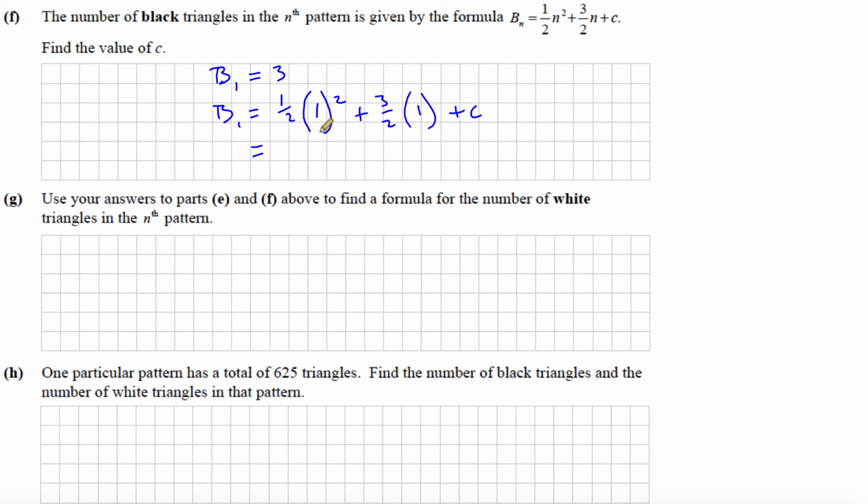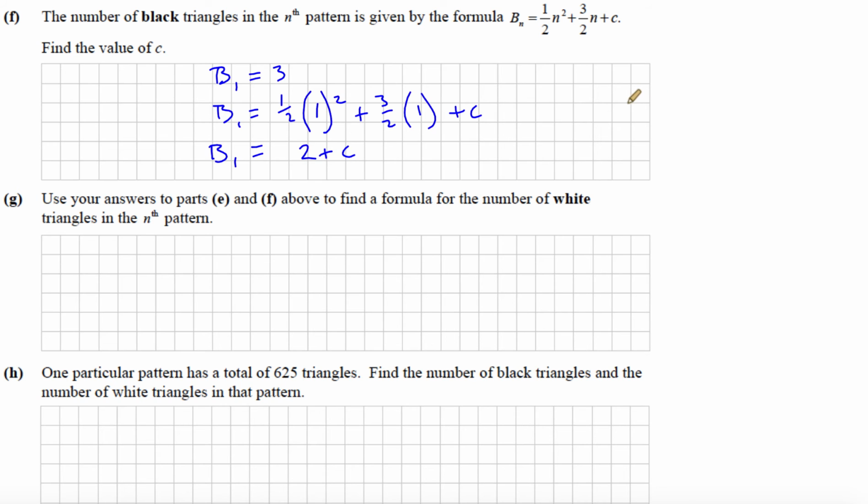So when we tidy that up, 1 squared is 1, a half of that is a half, plus 3/2 plus c. So a half and 3/2, that's 4/2, which is 2. So we end up with 2 plus c. So B1 is equal to 3, but also B1 is equal to 2 plus c.